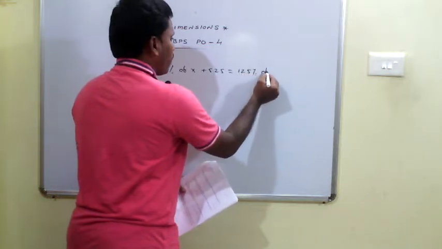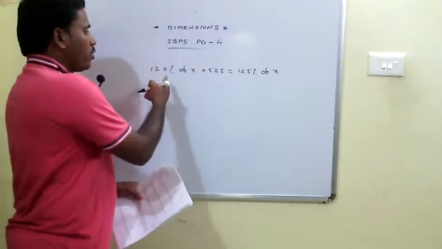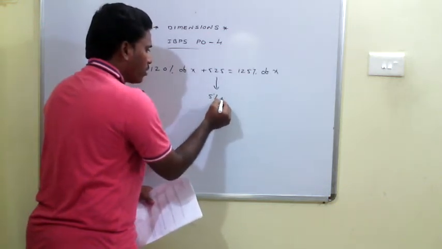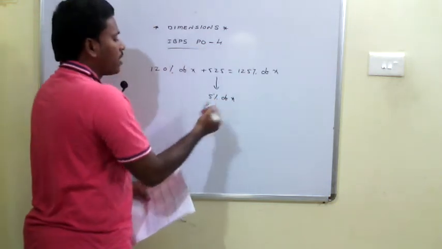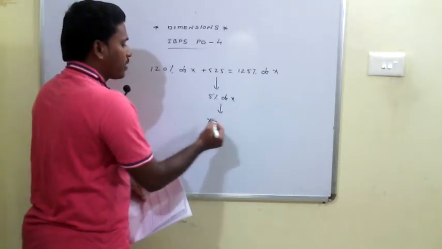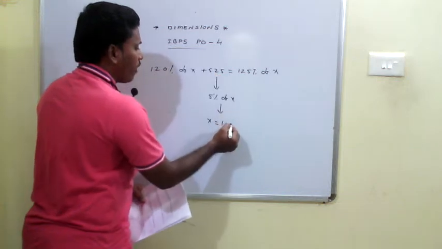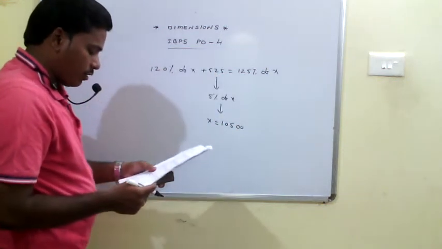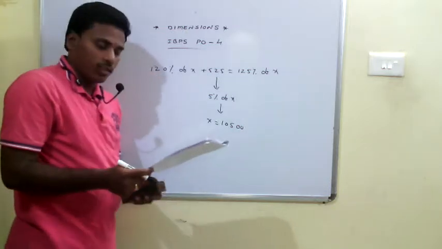That means 125% of the cost price. See, this is 120% of x, this is 125% of x, so the difference value is 5% of x. From there we calculate the value of x as 10,500. The cost price is 10,500.